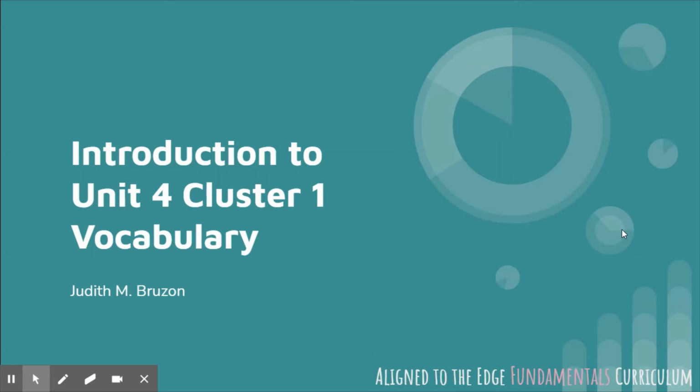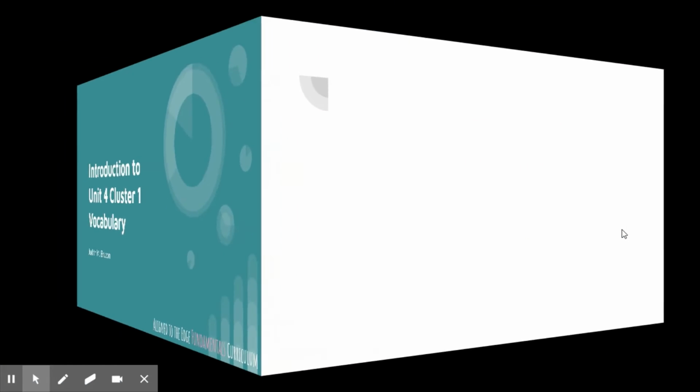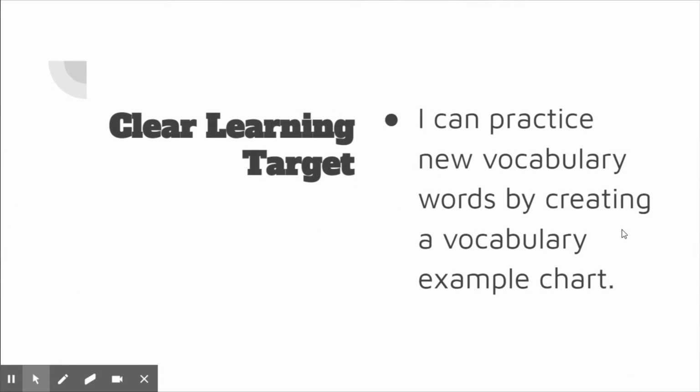Okay, so let's go ahead and read our clear learning target for today. Our clear learning target is: I can practice new vocabulary words by creating a vocabulary example chart. And friends, this is the outcome, how you're going to show us your learning at the end of this lesson.